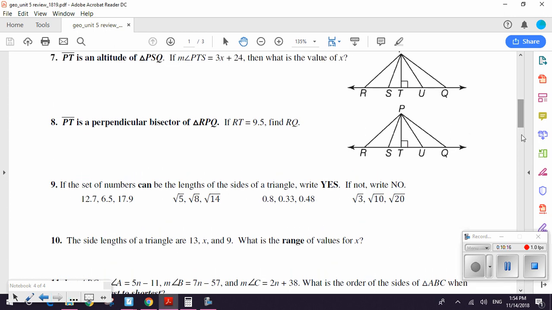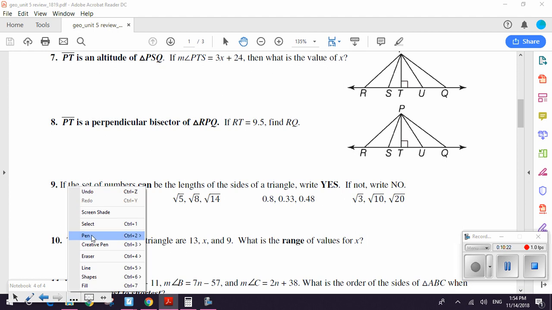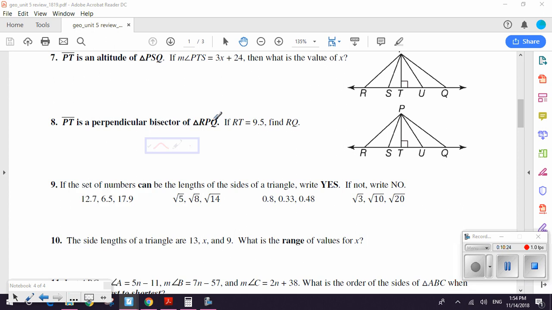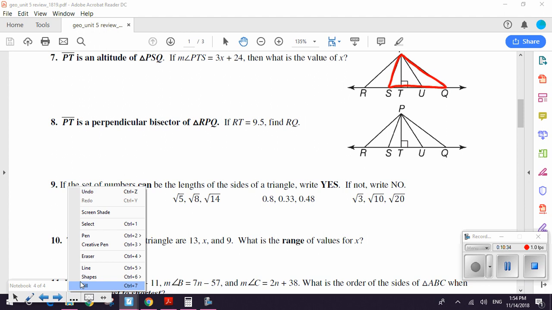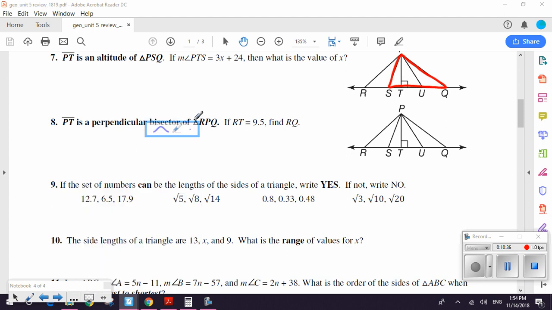All right, number 7. PT is an altitude of triangle PSQ. So PSQ is right here. The segment is PT, and it's an altitude. What does an altitude need? It needs a vertex and a 90-degree angle.